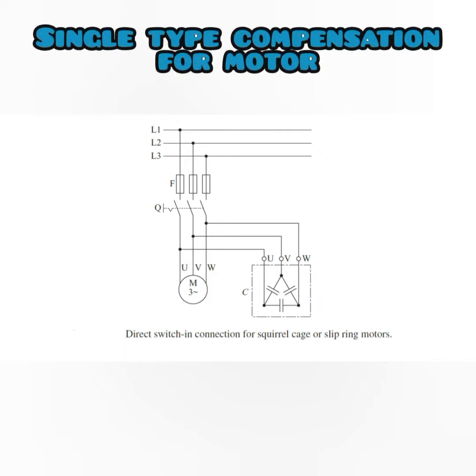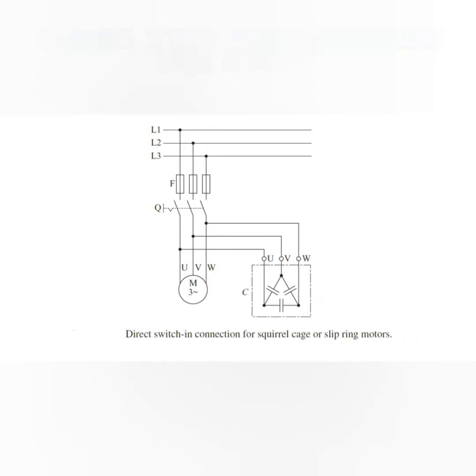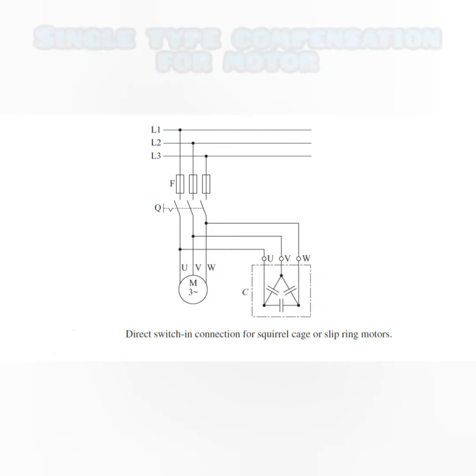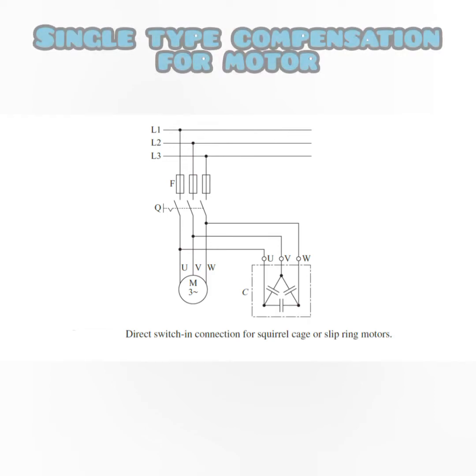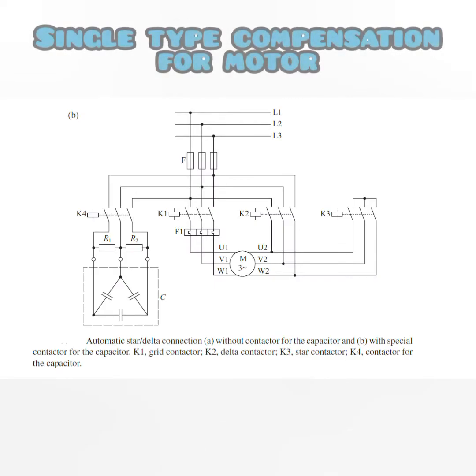This is the connection of a squirrel cage motor in which the reactive power compensation connection has been done. Here the motor circuit is connected with the line, and parallelly one reactive power compensation capacitor has been connected. Then these are the star delta connections.